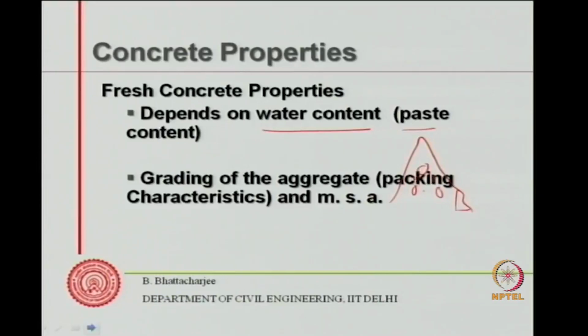And I wouldn't like to keep too much paste because paste contains cement, which is the costliest of all the materials, and therefore if I have too much paste, the cost of the concrete will increase in normal concrete. So I'd like to keep the optimal quantity of paste and yet get the right kind of moldability related properties.